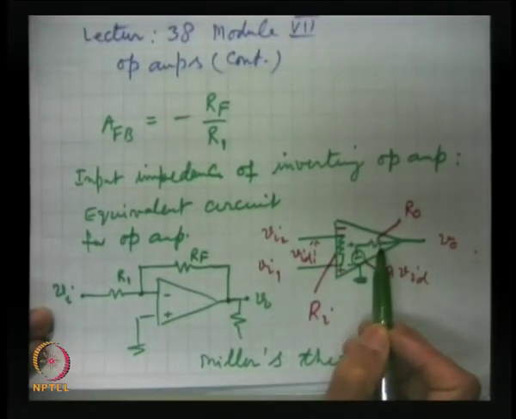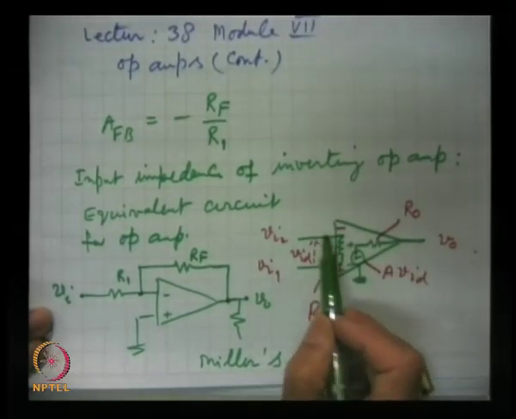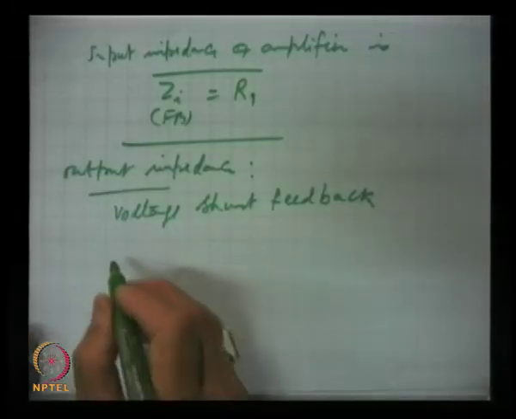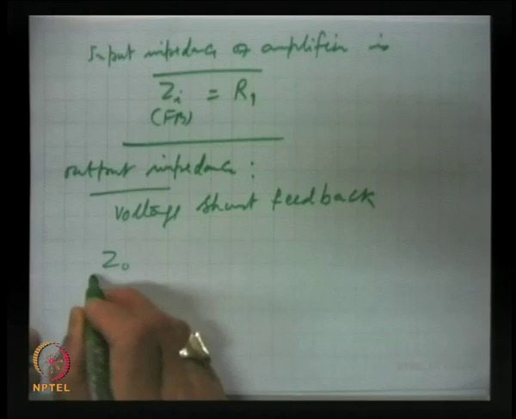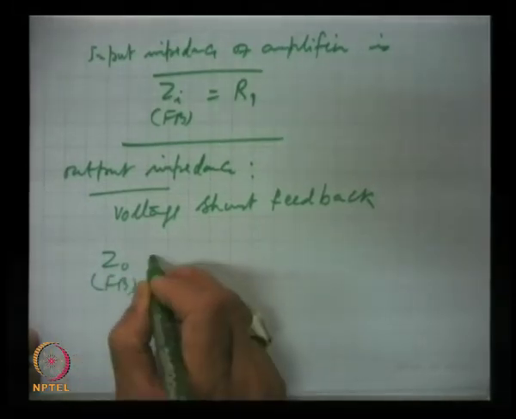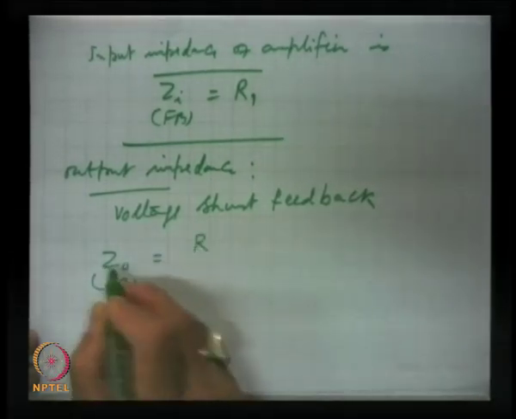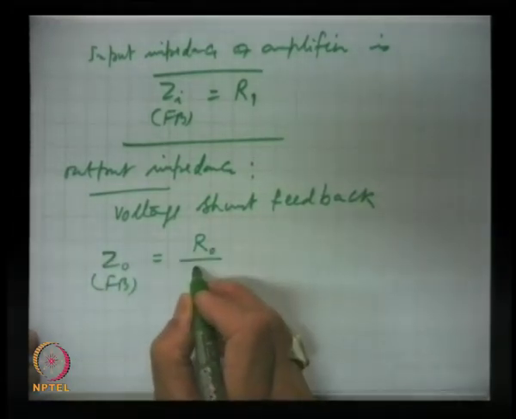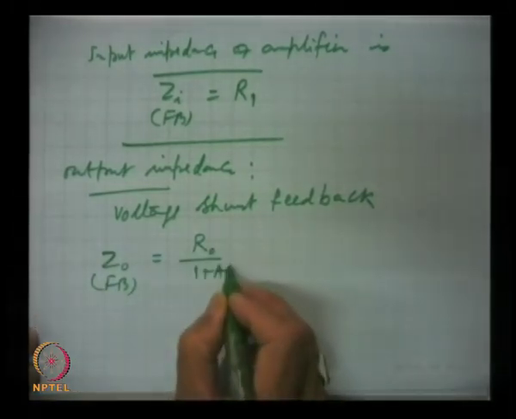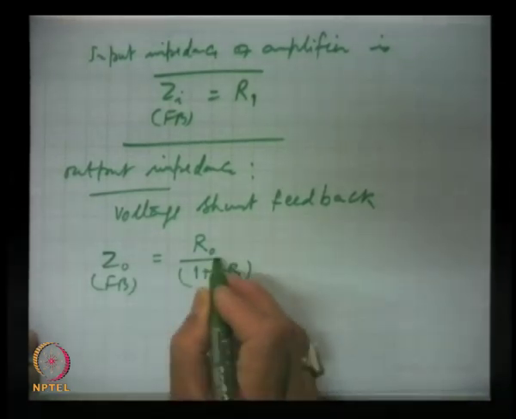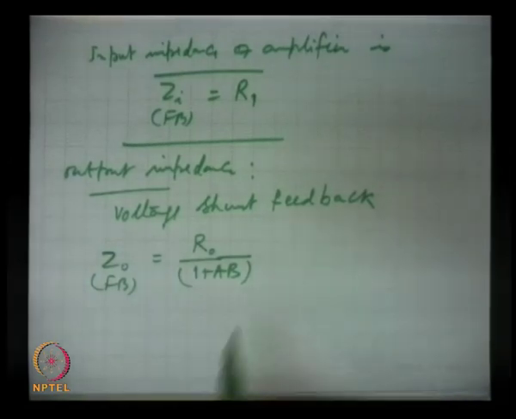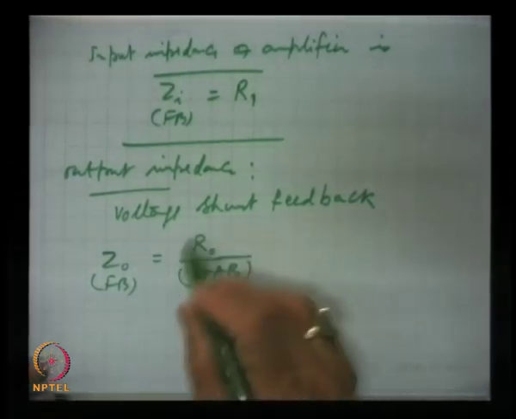This RO, because of that feedback, will be reduced, and this is RO with feedback. This is ZO with feedback, which is RO divided by 1 plus AB, and so this is drastically reduced.